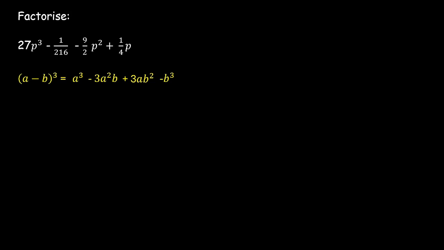Now what is a? A is 3p, since a cube is 27p cube. Now b is 1 upon 6 because cube of 1 upon 6 is 1 upon 216. So that means b is 1 upon 6.